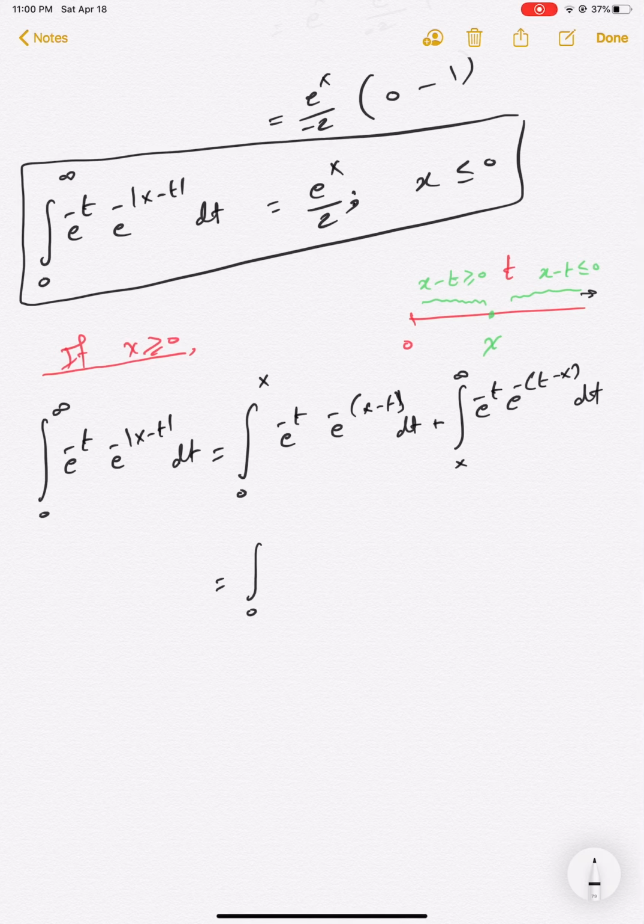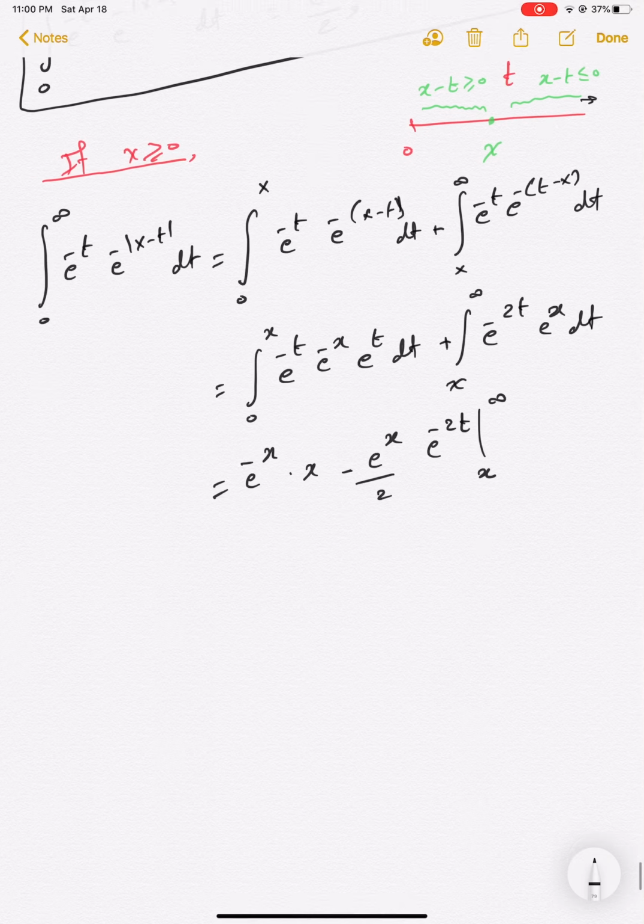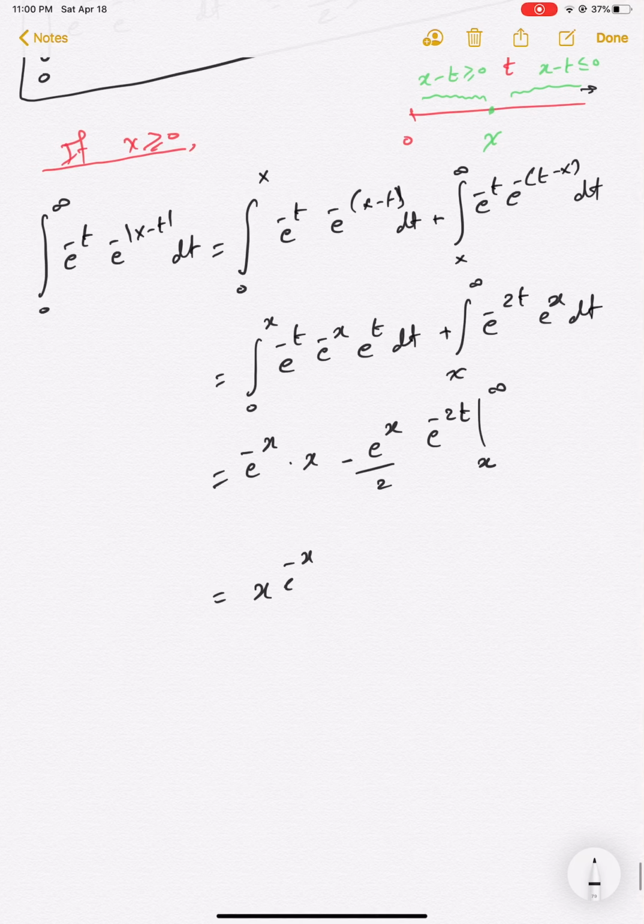So this is, from 0 to x, e to the minus t, e to the minus x, e to the t. From x to infinity, e to the minus 2t, e to the x dt, which gives us e to the minus x times x minus e to the x over 2, and e to the minus 2t from x to infinity, which is just standard computations.